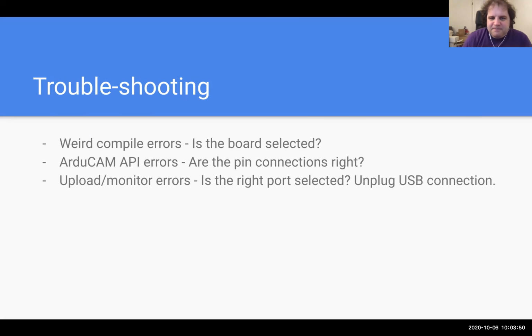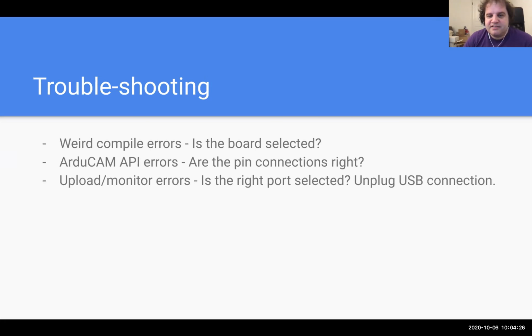So, as I mentioned, there's likely to be some head scratching as you're working through this. There's a lot of steps. One of the things that is very common is that if you see weird compile errors, once we get to the TensorFlow sketch in a few slides, you have to make sure that the board is actually selected in the Arduino IDE.